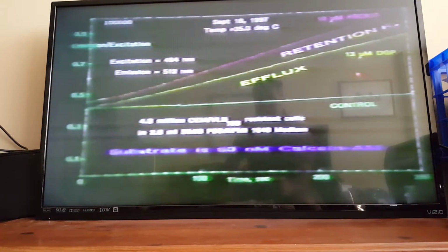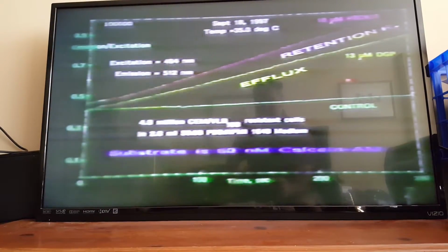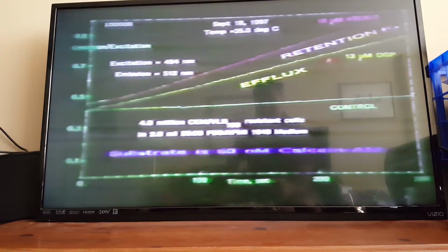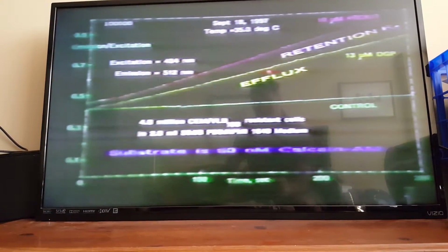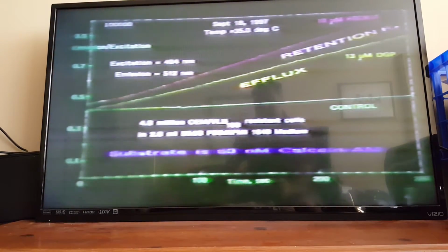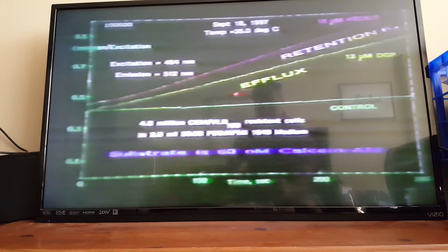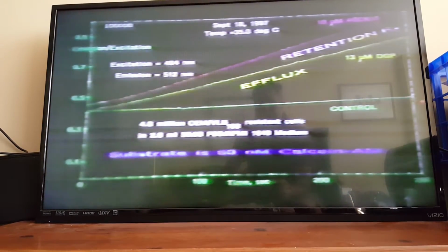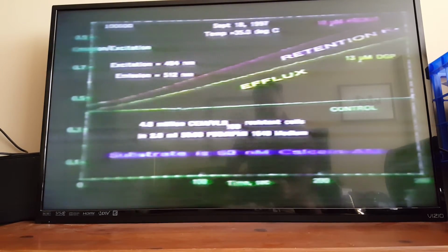Dextragolidine is a German drug which has also been developed for the same purpose, to block the pump. All these drugs are currently in clinical trial, and so the outcome will be very important for cancer patients. Okay, down here we have maximal efflux, and up here we have maximal retention.